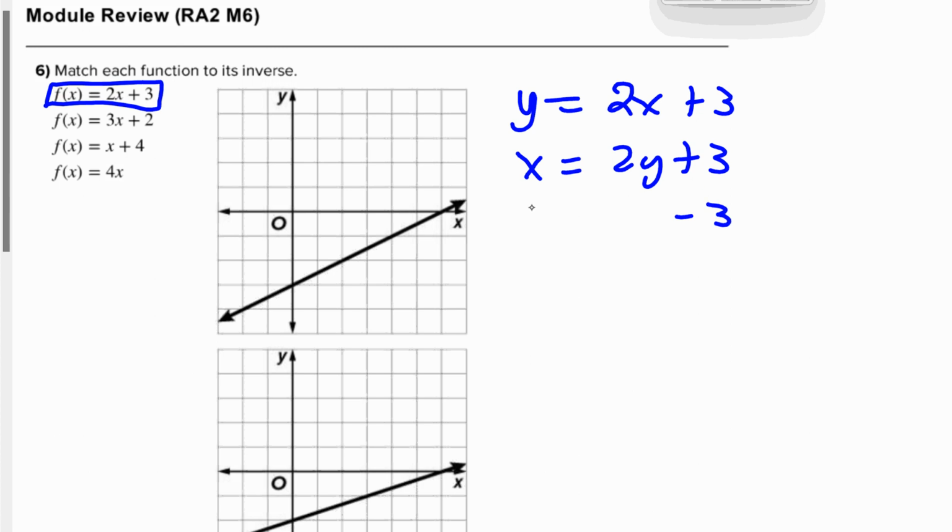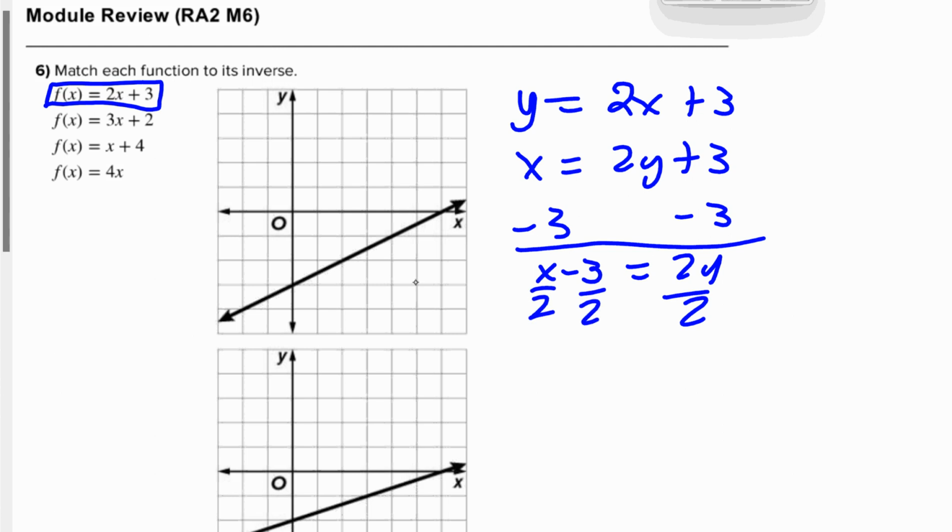And then I'm going to solve for y. Divide by 2. So I could divide this by 2 and this by 2, or I could divide the whole thing by 2. I'm going to put it this way because then the last step is to write this as f inverse of x equals 1/2 x minus 3/2.